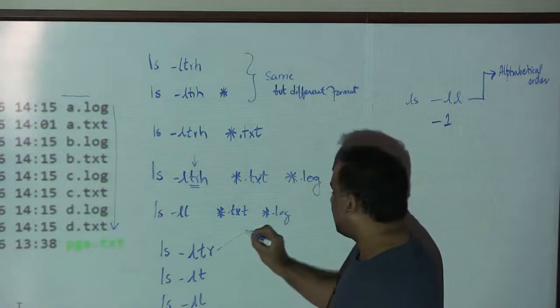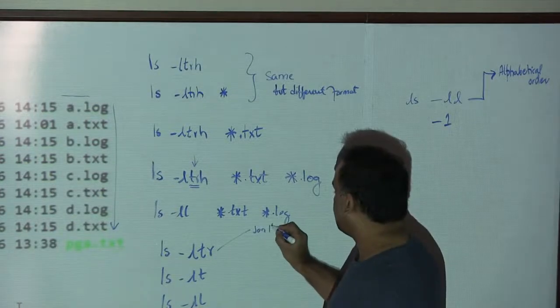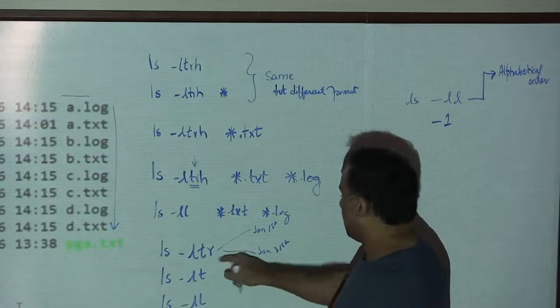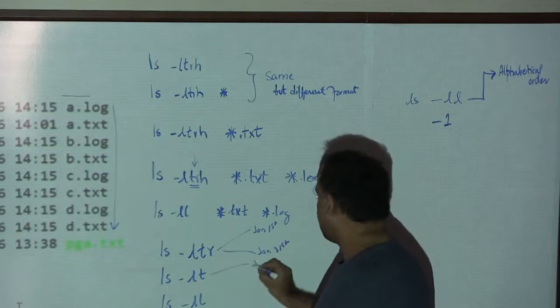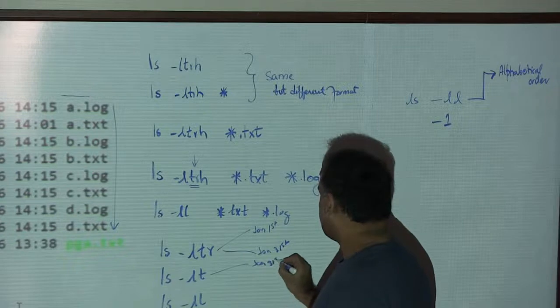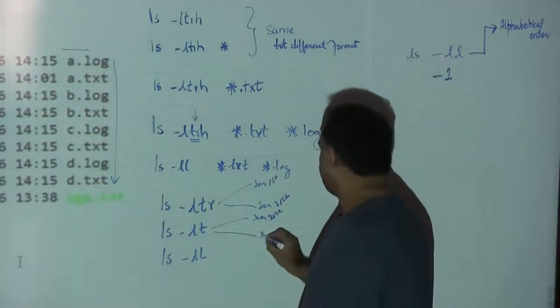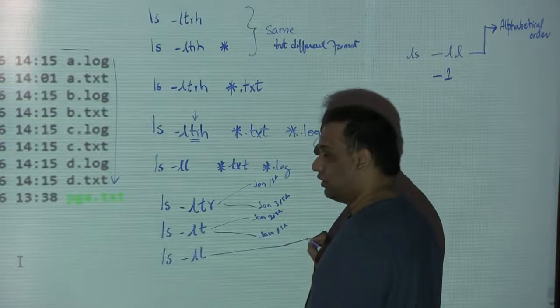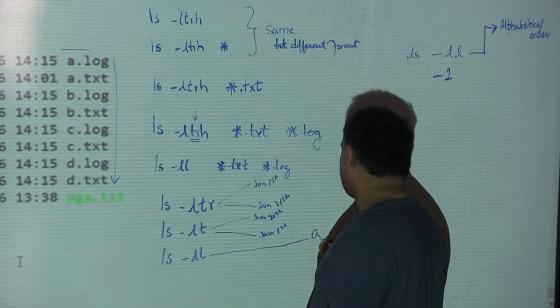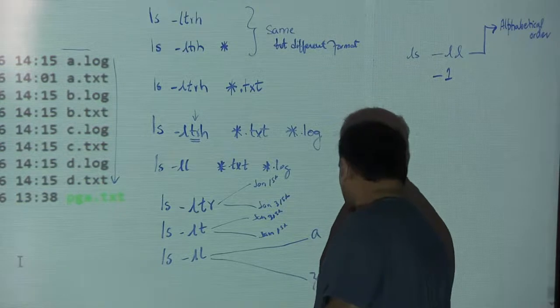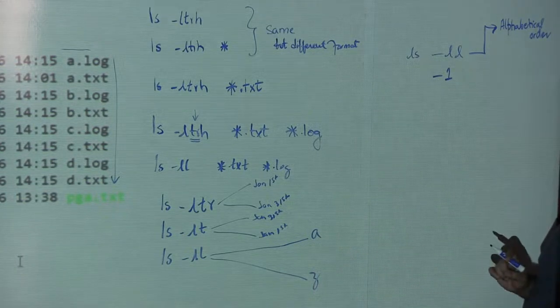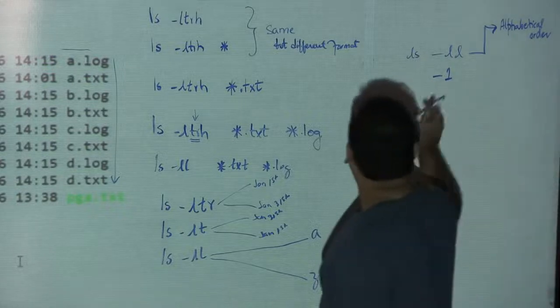Here the timestamp is January 1st to January 31st in reverse order. Here the timestamp is January 31st to January 1st. Here the timestamp is no longer available. Here it is alphabetical, going all the way from A to Z. Okay? All right.